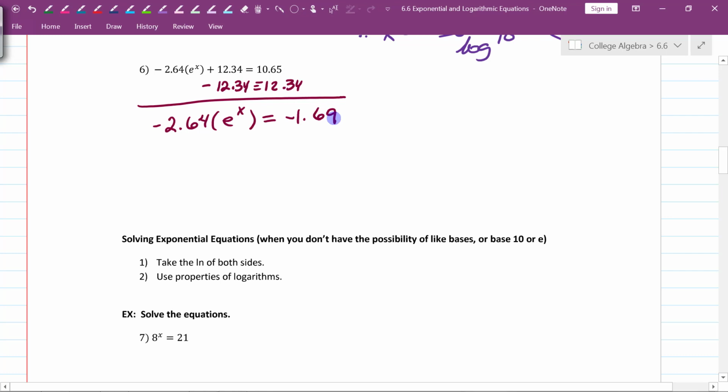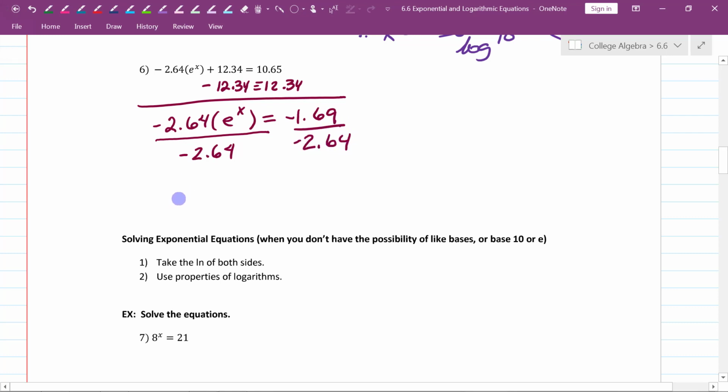I still don't have my exponential by itself. I have this negative 2.64. It's connected through multiplication. To undo multiplication, I'm going to use division. What I do to one side, I must do to the other side of the equation.